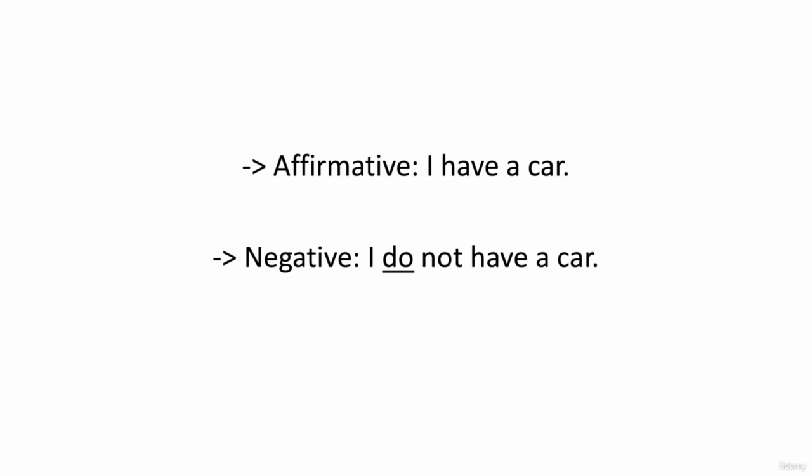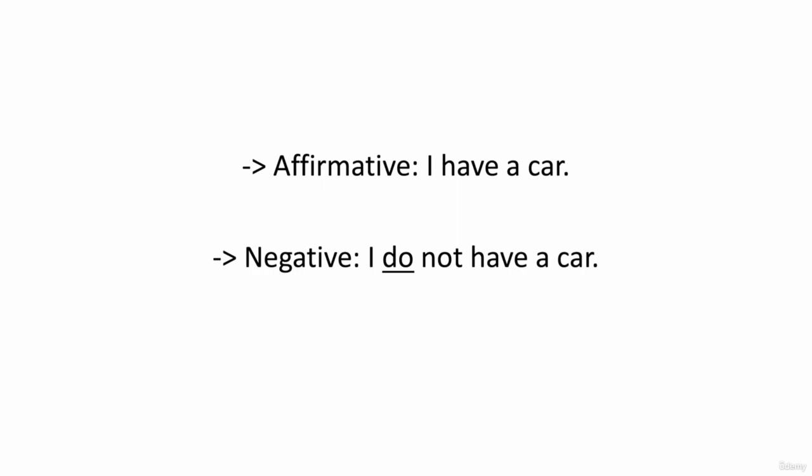The first one is, notice how in the affirmative form, we do not use any auxiliary verbs. We only use the auxiliary verb do in a negative sentence. The general rule is we use auxiliary verbs for negative sentences and questions.